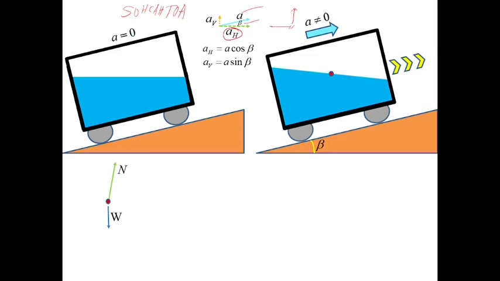They form a right triangle. Ito yung A, AH, AV. They form a right triangle. At ito yung beta natin. So, ang ating AH ay A malapit sa beta, cosine. A cosine beta. AV malayo sa beta, sine. So, A sine beta. Okay.